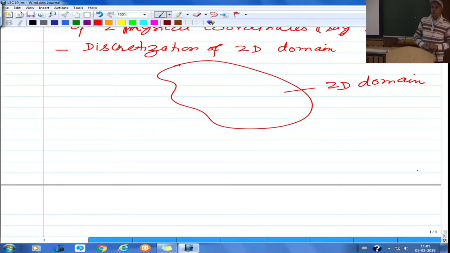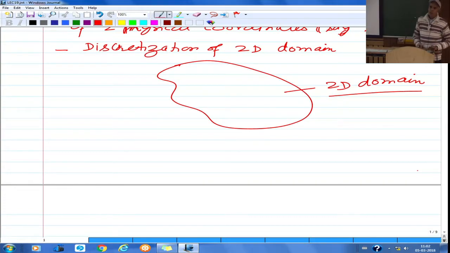Now when you talk of discretization in 2D, in 1D, of course, in some of the textbooks you will find a formulation in natural coordinates, which is just a transformation of the coordinates. But we will see here in 2D that for more general physical shapes of the element, formulation in natural coordinate space is essential to satisfy the continuity of primary variables across the element boundaries.